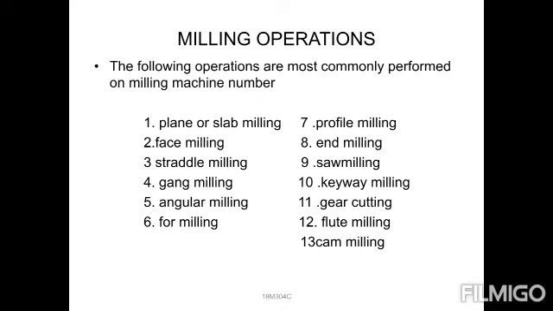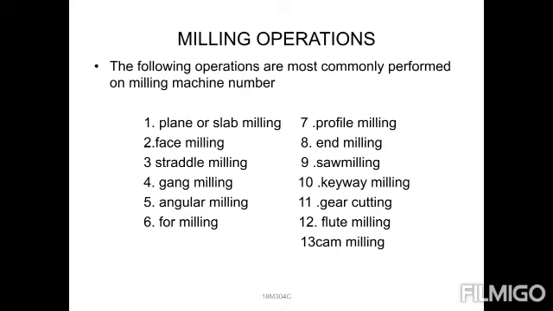Generally, milling machines are versatile machines, and we can use them to produce many operations. Nearly 13 types of operations we can produce. That is the main thing.